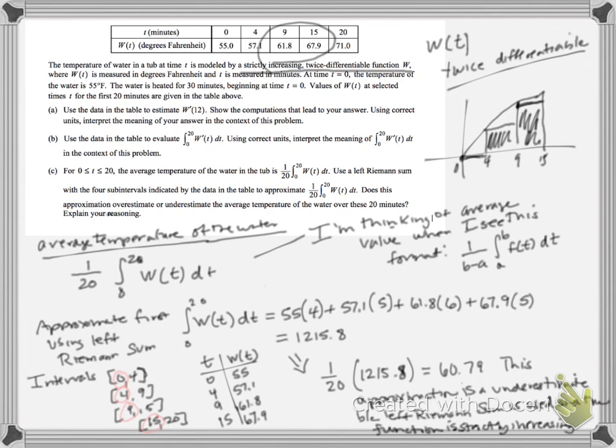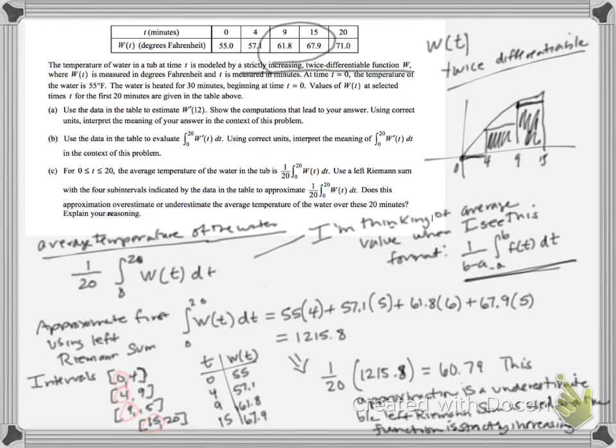Explain your reasoning. When I see average temperature, I'm thinking about average value, because the average value format is 1 over b minus a, integral from a to b, f of t dt.